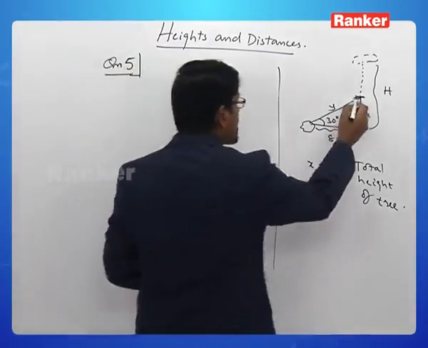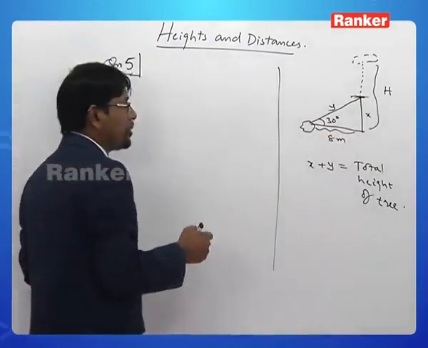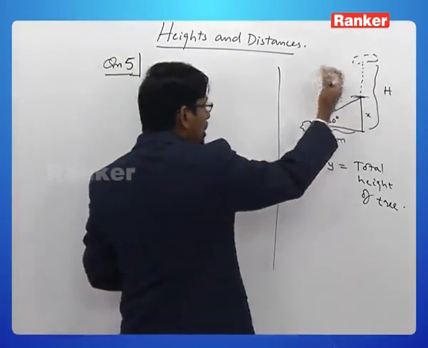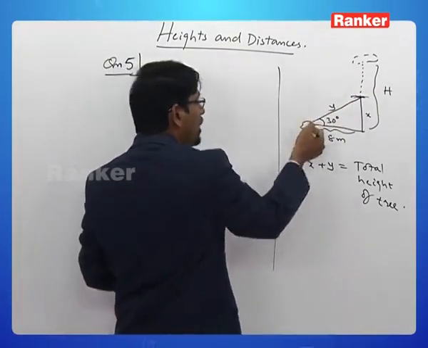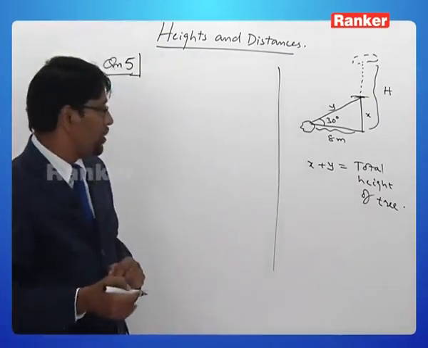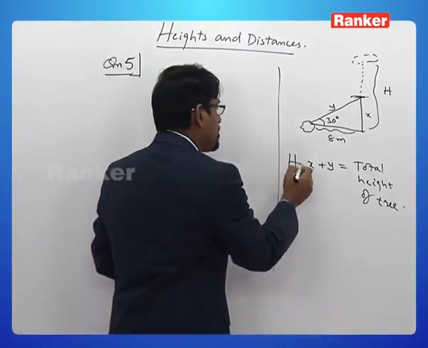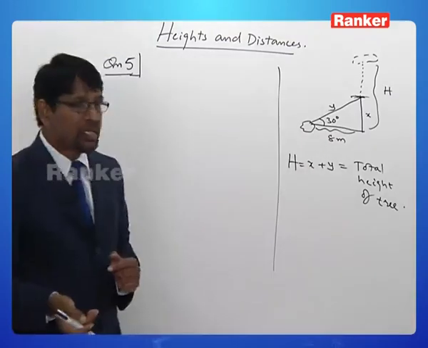So it was broken at this point at a distance of x from the ground, let us say. That got folded and then it is y now. So x plus y is equal to your total height h. So I need just to find out x and y.